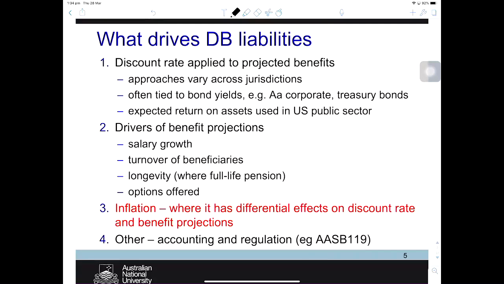Inflation is an important uncertainty in this valuation process. It can affect your numerator and denominator differently. With the numerator, we have the projected liability, and you may consider the future average salary of the employee when they retire, and the longevity of the employees. This particular salary is very sticky.